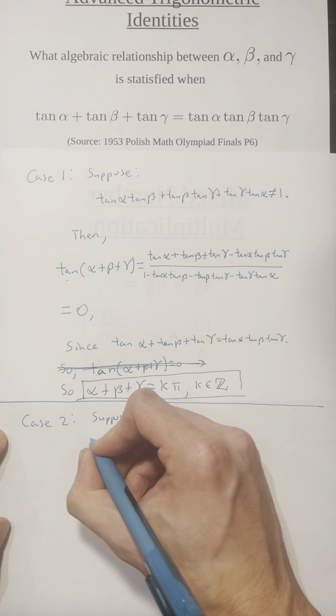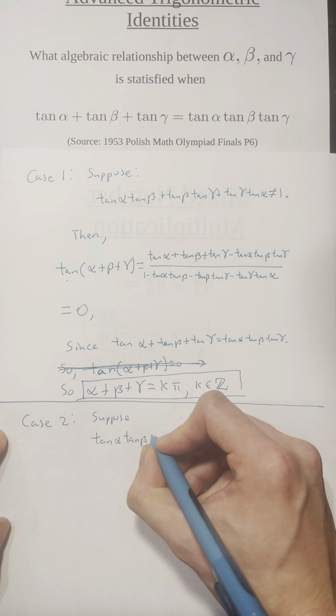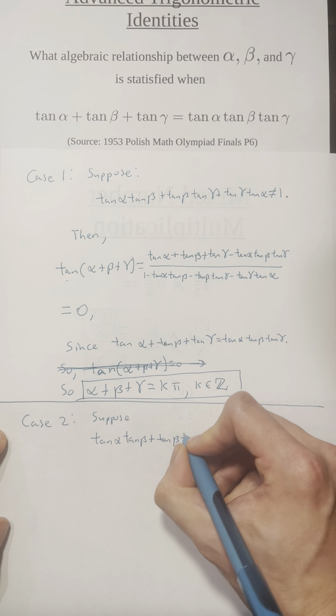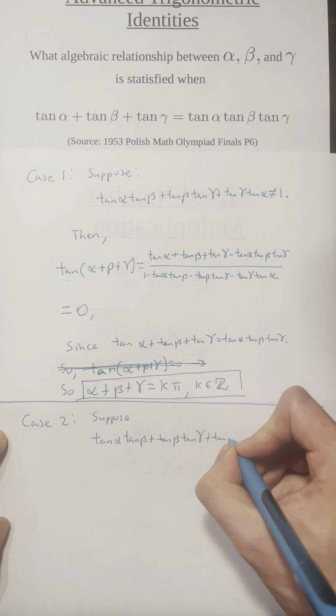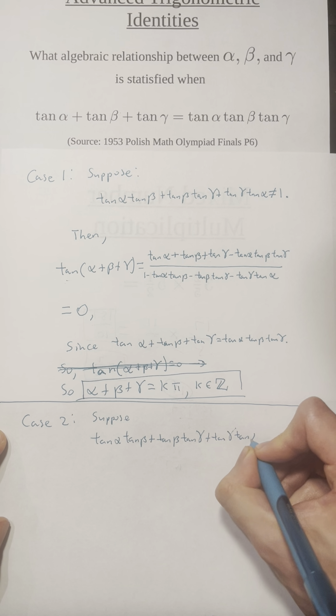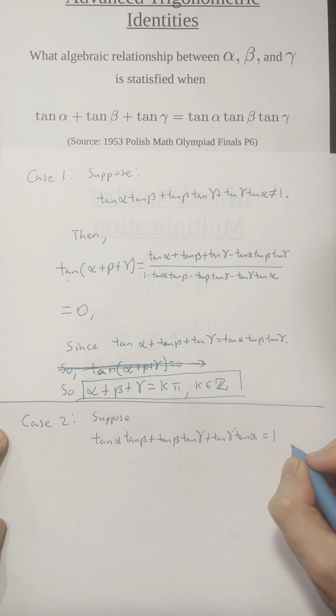Suppose tangent alpha times tangent beta plus tangent beta times tangent gamma plus tangent gamma times tangent alpha is equal to 1.